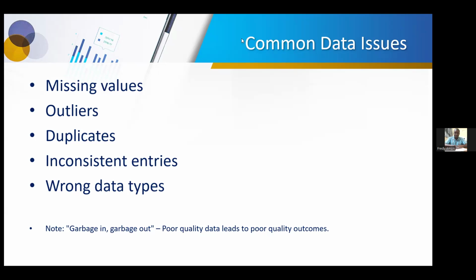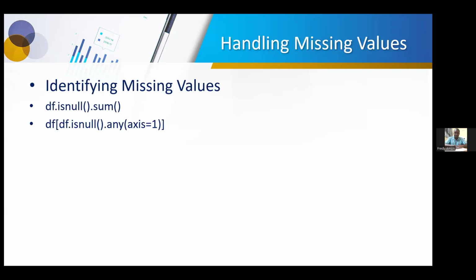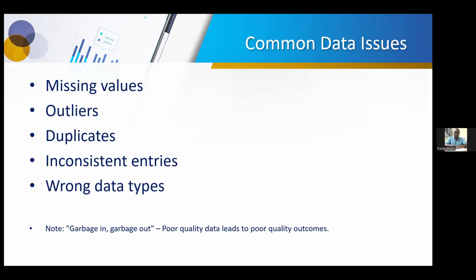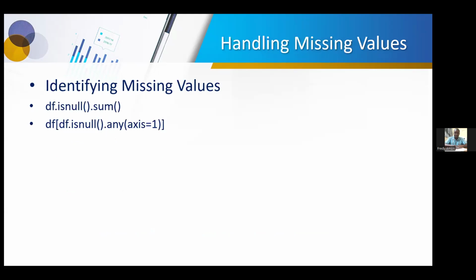So, how to handle missing values. This is the first thing. We start by discussing the first issue, which is missing values. Remember, df is the variable after we read our data set.